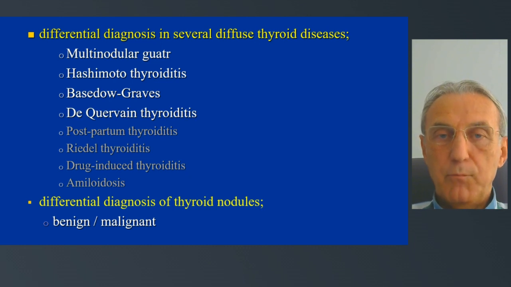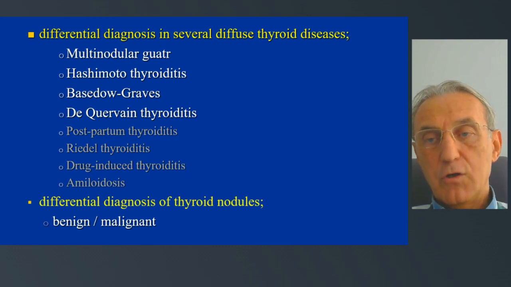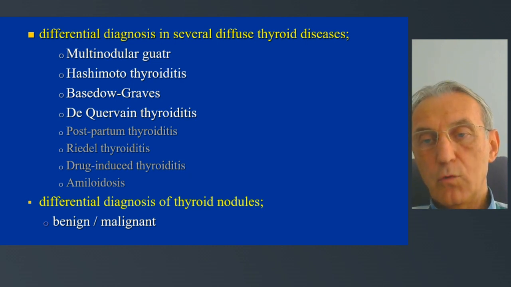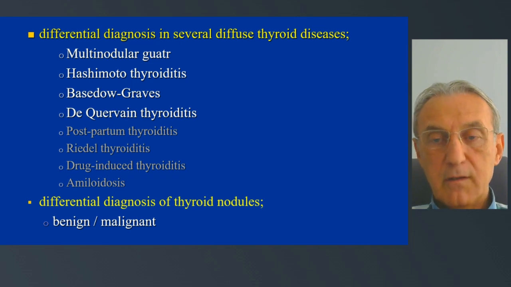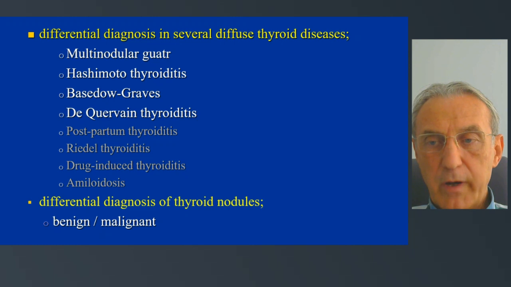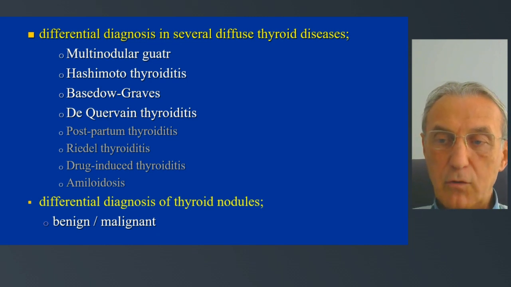Not perfectly, but we can do it. We can describe multinodular goiter, Hashimoto thyroiditis, Graves thyroiditis, de Quervain thyroiditis, and postpartum thyroiditis, with the clinical knowledge, of course, and very rarely Riedel thyroiditis, and there are some drug-induced thyroiditis and amyloidosis.